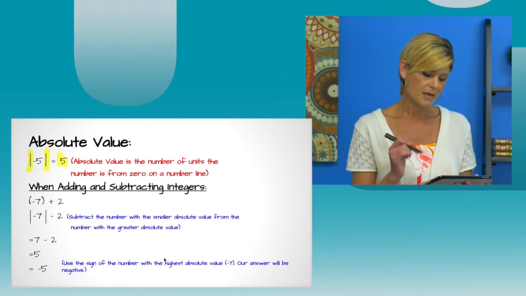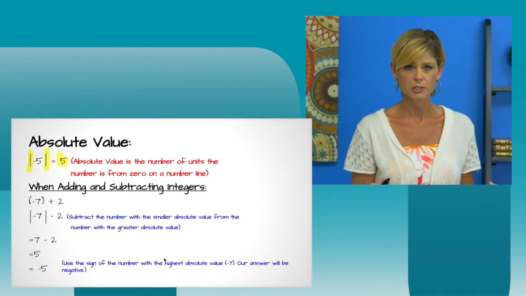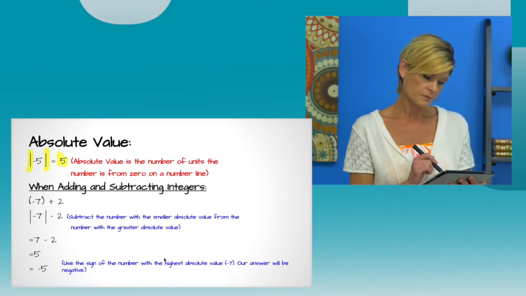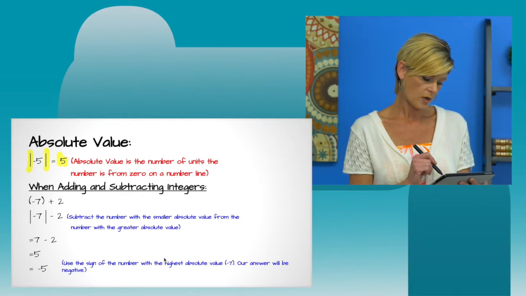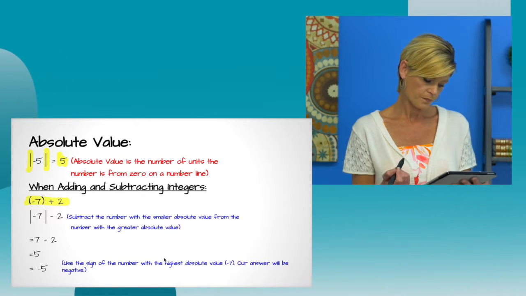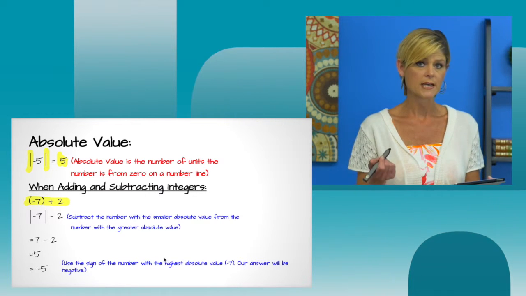Okay, knowing about absolute value is also going to be really helpful for us when we're adding and subtracting integers that are higher. So let's take a look at one of these problems using absolute value to add and subtract integers. Our problem is negative 7 plus 2. Okay, so if you didn't want to use a number line, you could use absolute value.